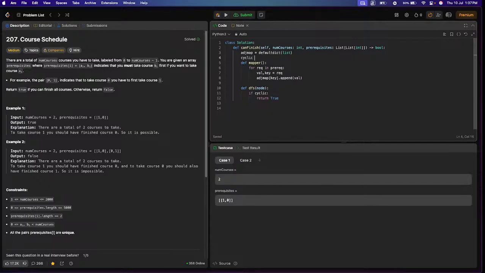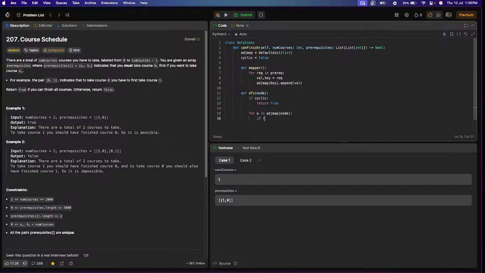So cyclic in general is false, right? Then you have for u in adjacency map of u.